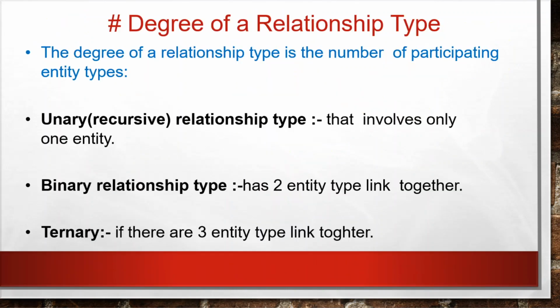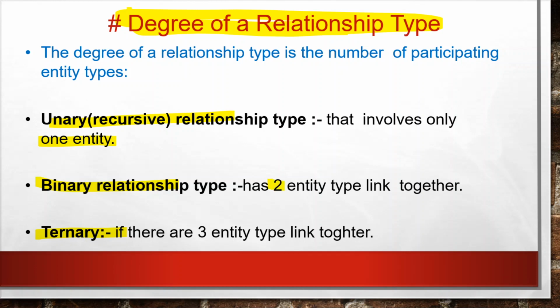Now next we have the degree of a relationship, as we have already covered. The entities involved in a relationship represent the degree of that relationship. We can have three types of degree: unary, binary and ternary. If one entity is involved in the relationship, we call it a unary relationship.